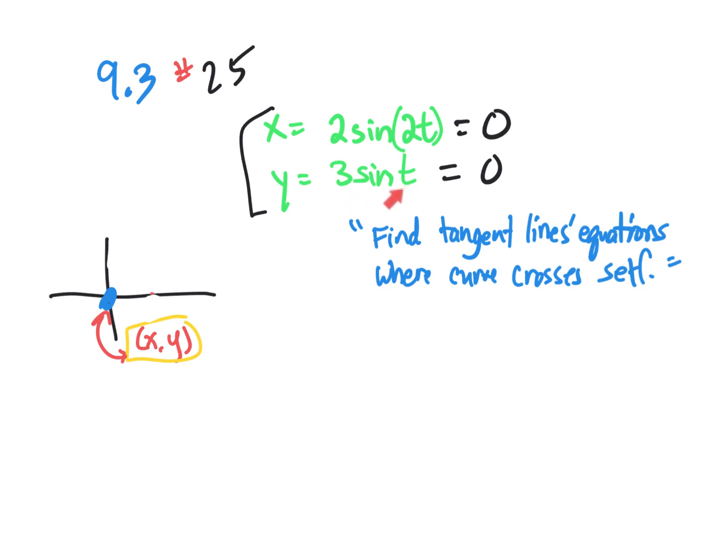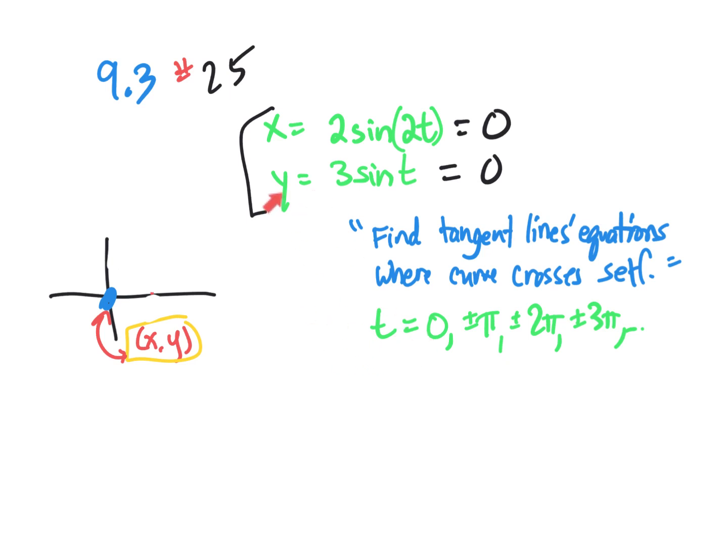Sine of pi is 0, times 3 is 0, and sine of 2 pi is also 0. So pretty much every multiple of pi gives us an x and y coordinate of 0, 0. So when t is 0, or negative pi or pi, positive or negative 2 pi or 3 pi, we can just take any two consecutive ones and we'll find out what the slope is there.